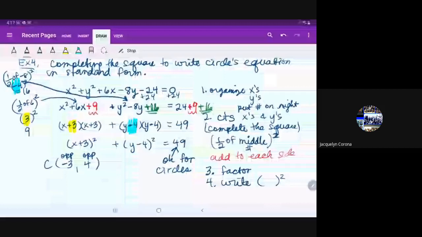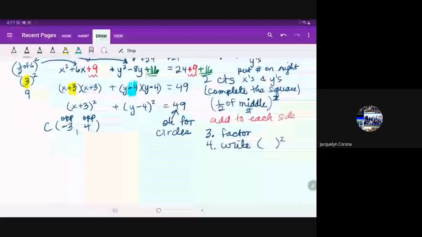And does anyone remember what we did with the circles with the 49? What else do we need to graph a circle? I'll procrastinate by drawing my center here.